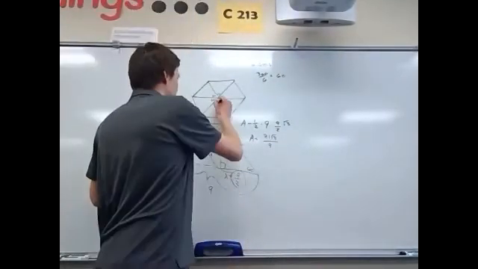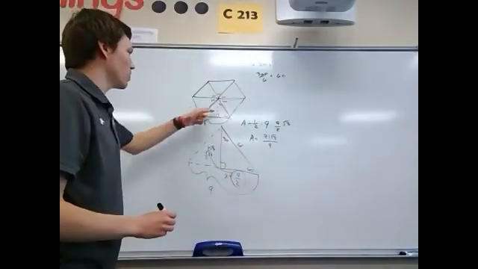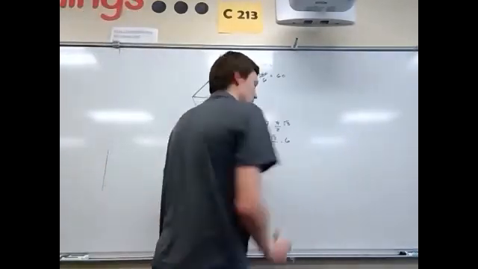So now that's just this triangle. I want to find the area of all of them. Well, there's 6 of those. So I take this times 6.